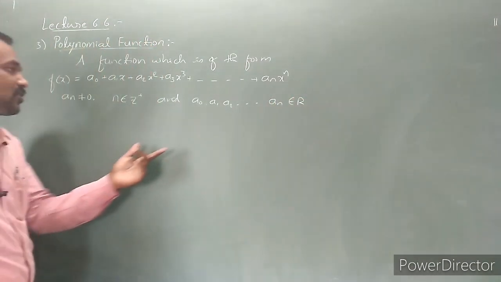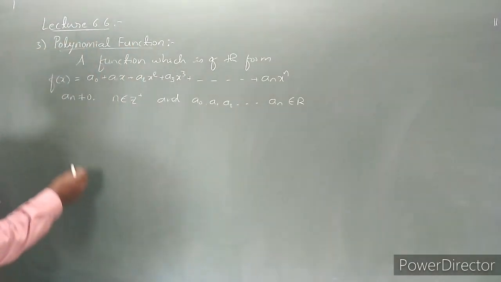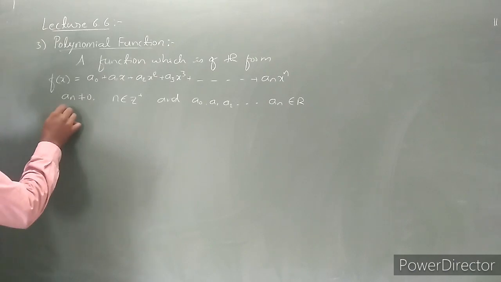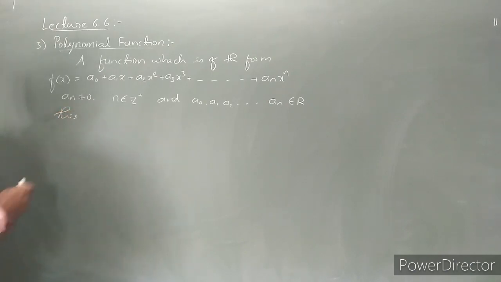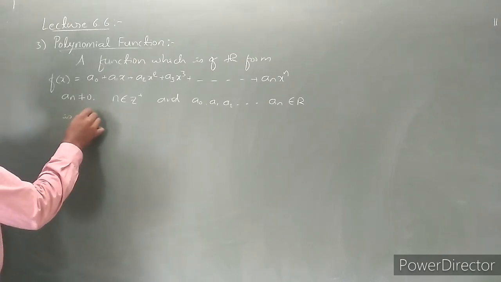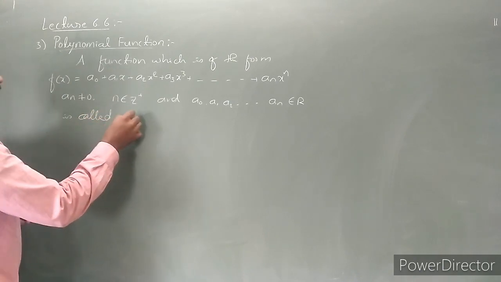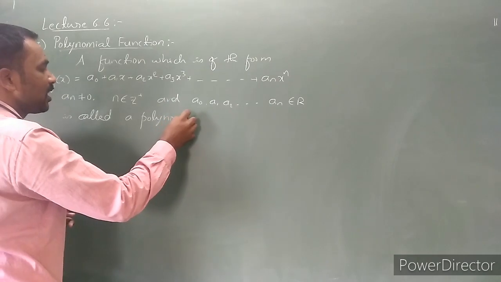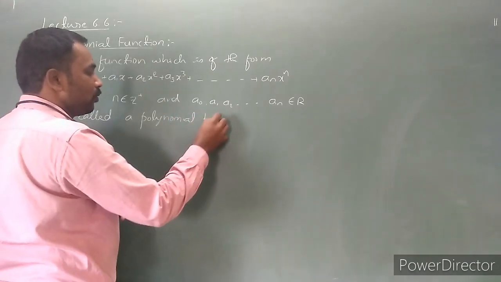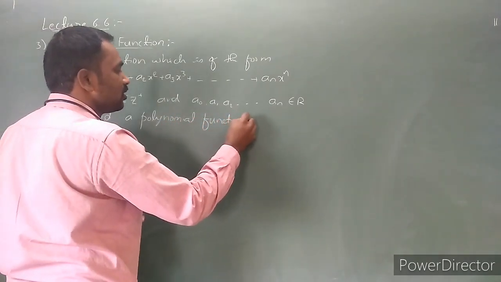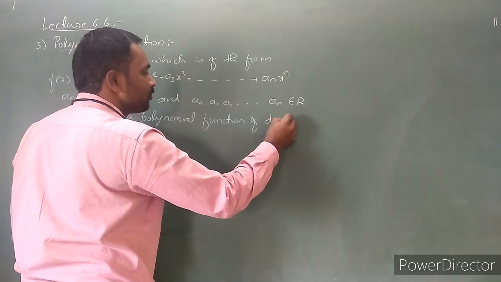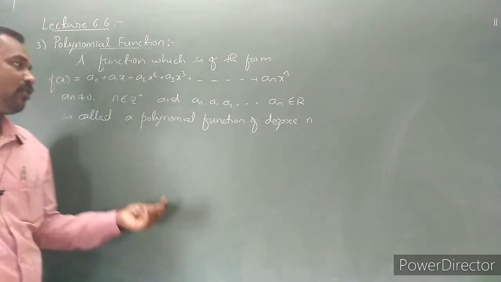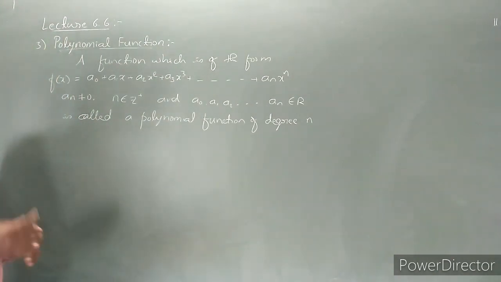Then this function is said to be a polynomial function. It is called a polynomial function of degree n, or nth degree polynomial function. This is the definition of the polynomial function.